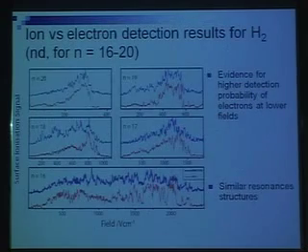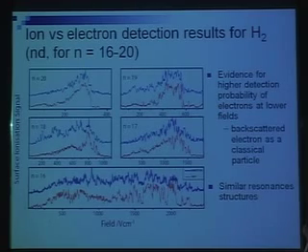And when we did the experiment, comparing electron profiles in blue with ion profiles in red, we found very similar looking profiles, but extending over a wider range of fields. It appears that the electron is almost behaving like a classical particle in terms of where we're seeing the threshold for appearance of electrons.